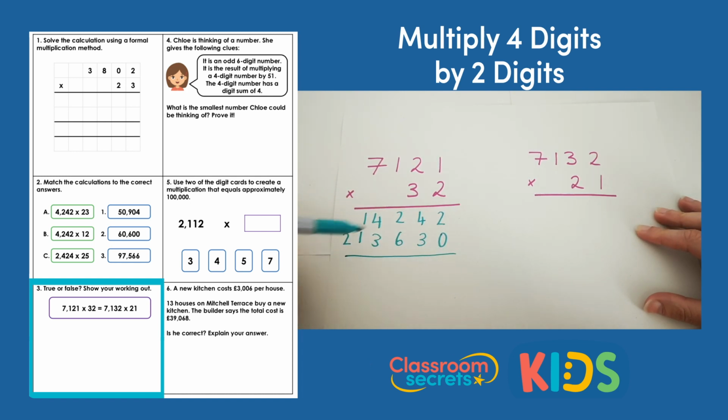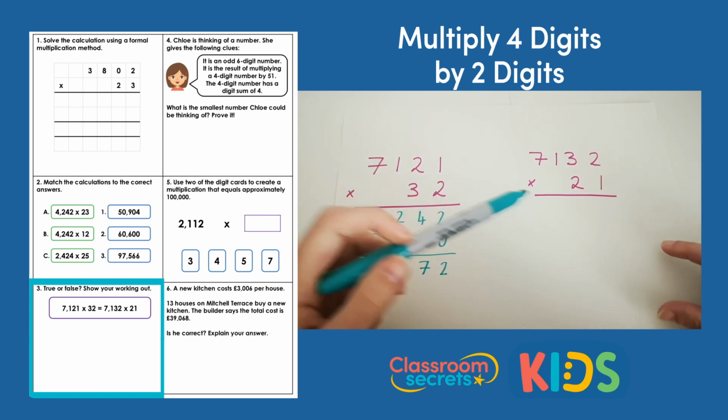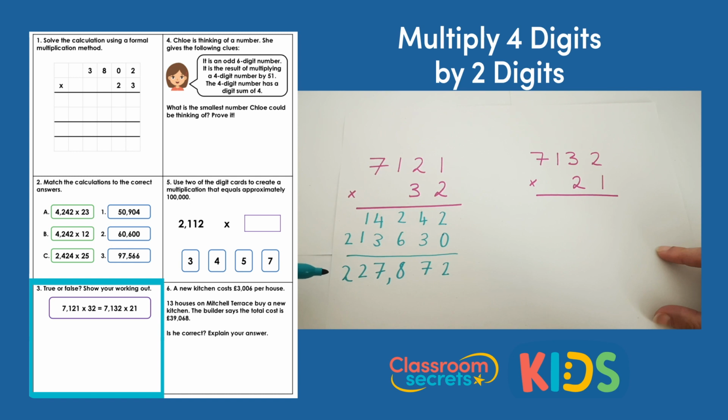Add them both together. 2 add 0, 2. 4 add 3, 7. 2 add 6, 8. 4 add 3 is 7. 1 add 1 is 2. And 2 add nothing is 2. So the answer to the first calculation, 7,121 times 32, is 227,872.